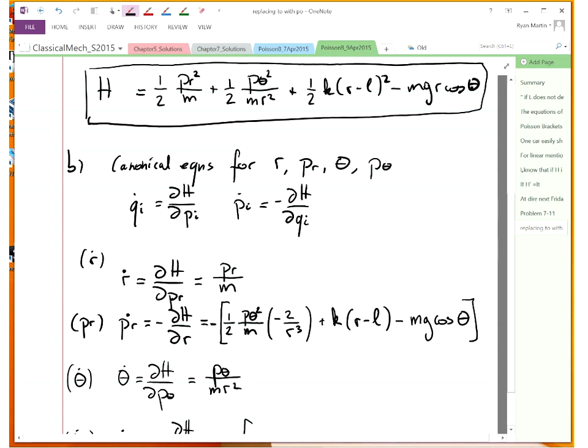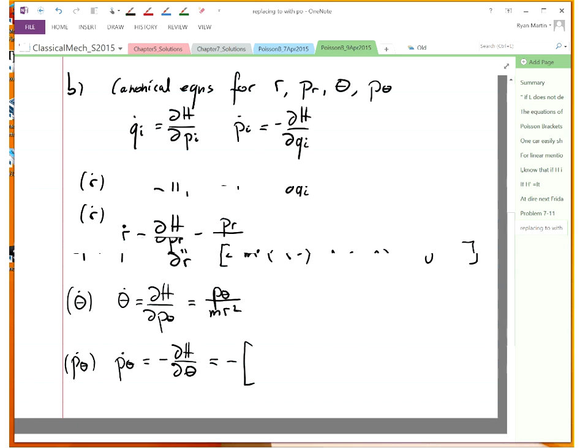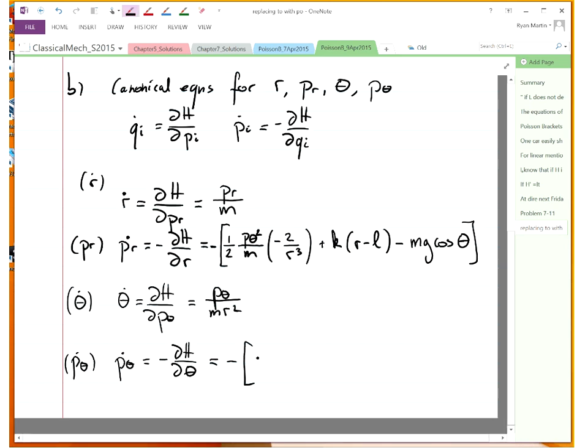So d/dtheta of minus mgR cos theta is plus mgR sine theta. So there's a minus sign in front from the minus ∂H/∂theta, but then it's plus mgR sine theta with a minus sign in front. And that's it.